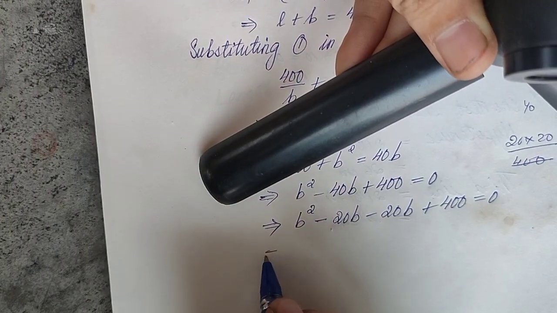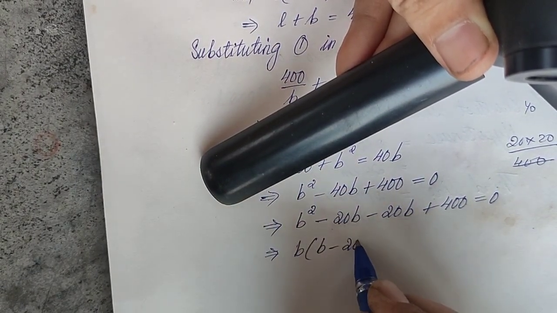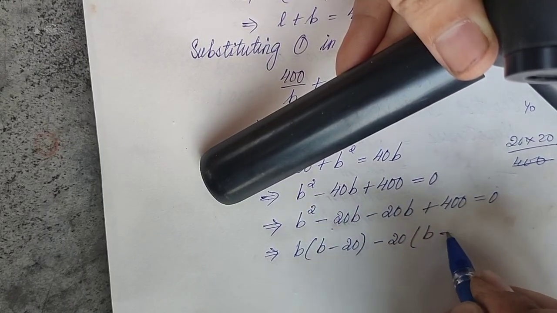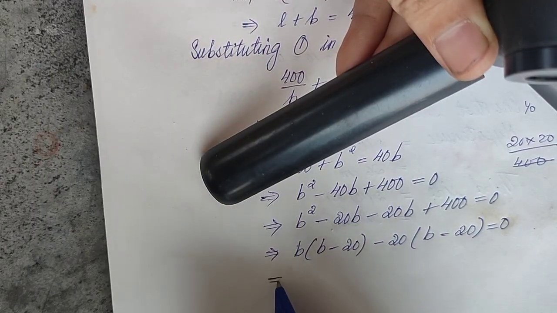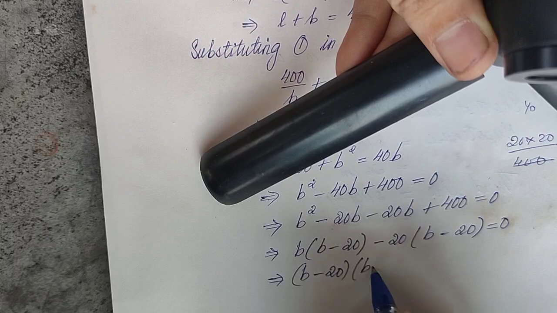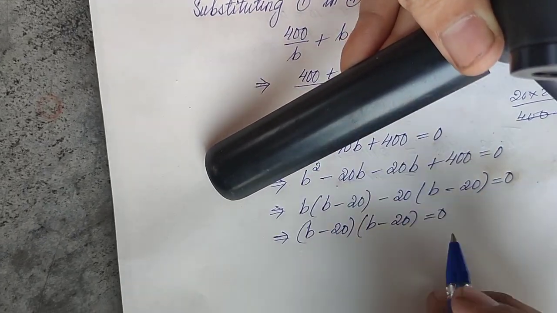Taking B minus 20 common, we get B minus 20 into B minus 20.